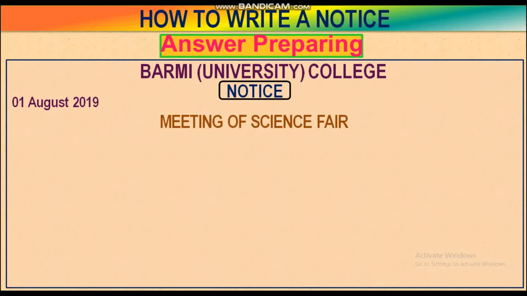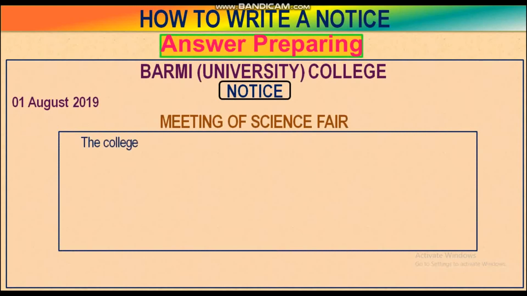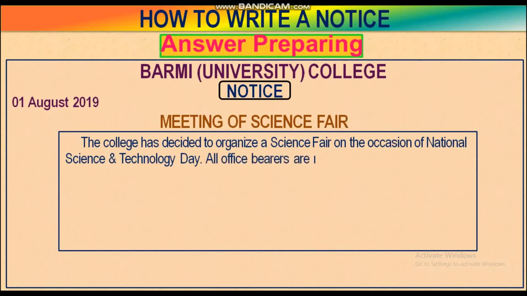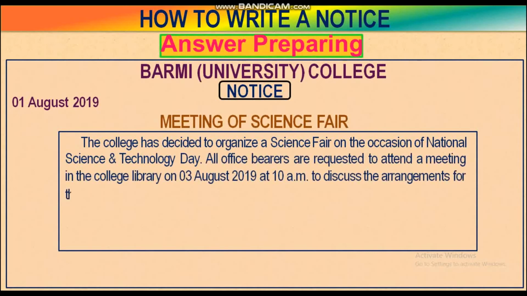Dear students, as per the question, the notice is about holding a meeting in order to organize a science fair, you can write the body of the notice this way: The college has decided to organize a science fair on the occasion of National Science and Technology Day.